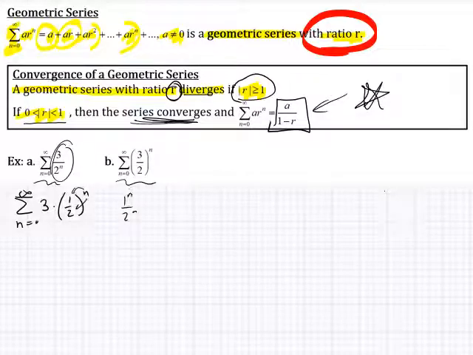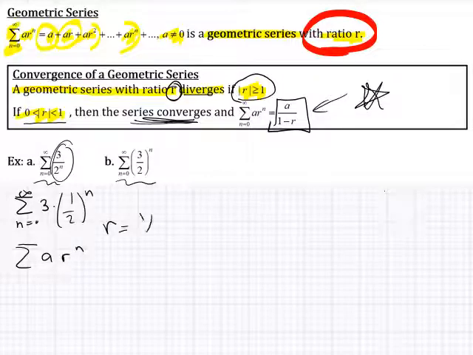All right, let's erase all this business here. So if I look at it as this, well, that has the form of the sum of a r to the n, where r is 1/2. So this is a geometric series with a common ratio of 1/2. So that ratio of 1/2 is going to tell us whether the series converges or diverges.